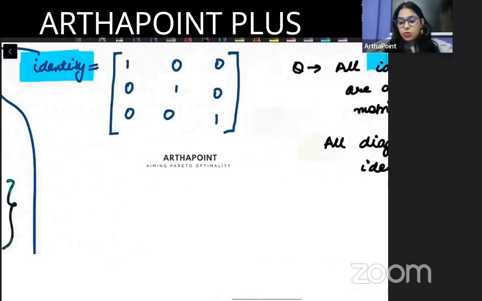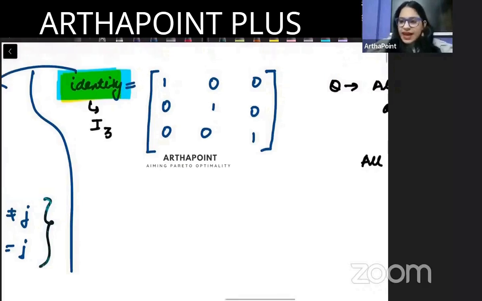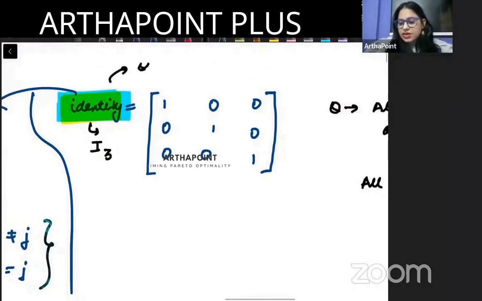Okay. Now, once we know what an identity matrix is, I can go ahead and multiply. We write it like this: I3. This has to be a square matrix. An identity matrix is a square matrix. When I say I3, it means that the number of rows and columns are 3.